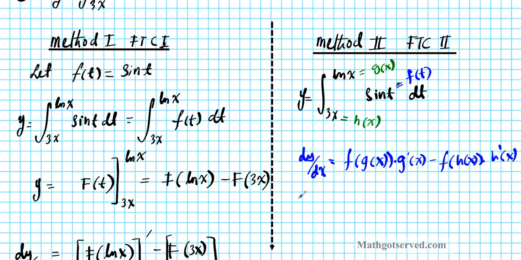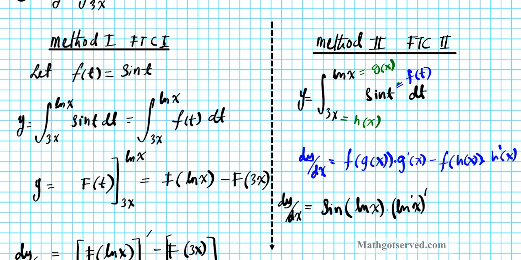So dy dx is going to be f of g of x. So f of t is sine t. F of g of x is sine t evaluated at the upper limit. So that's going to be sine of ln x times the derivative of ln x, g prime of x, ln x prime. Okay?